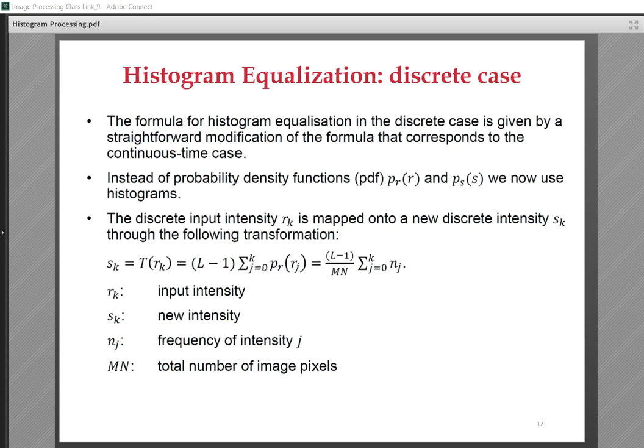Instead of p_r(r_k), we use n_k or n_j over MN, and because M times N is constant, it is taken outside of this sigma, and s_k is this scalar, the constant multiplier, times this sigma.